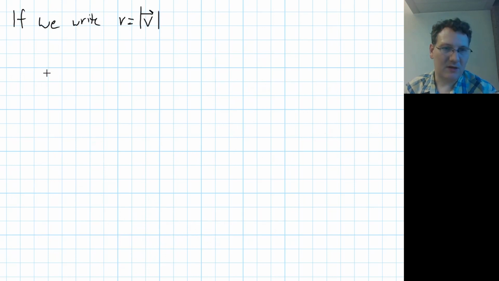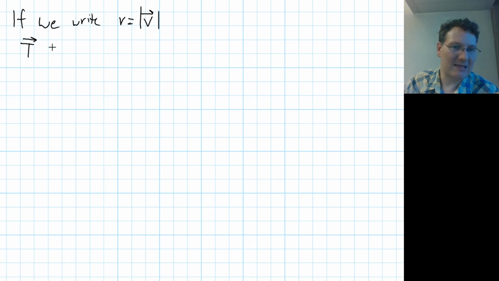So if we use the notation just v, lowercase v, is the speed, that's the magnitude of the velocity vector, we can actually write that the unit tangent vector at time t is just the velocity divided by the speed. And so we can actually write v times t equals the velocity.